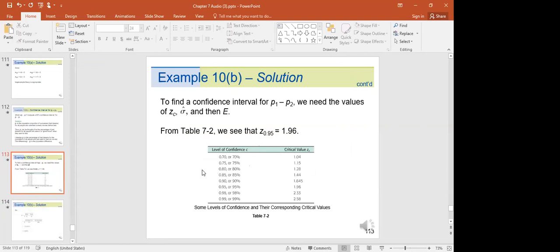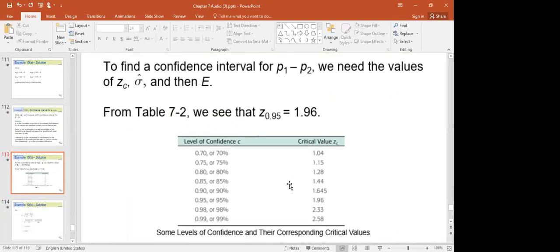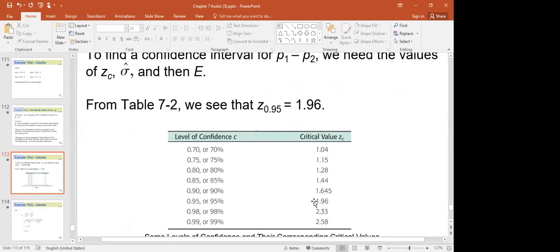So I was telling you about how to find ZC. In this PowerPoint, several times you will use this table. You don't really need it because you can use calculator, but you might need it for the minimum sample size. For 95% is 1.96. I just want you to see where to get the ZC on a table.